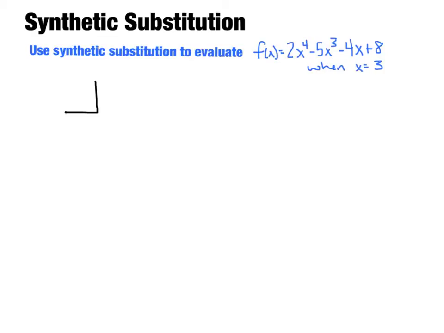Now, to know how many spaces to draw, you look at the highest degree of this polynomial. The highest degree is 4. So I'm going to count down 4, 3, 2, 1, 0. We have to count all the way down to 0 because the degree of x in our constant term is x to the 0 power.